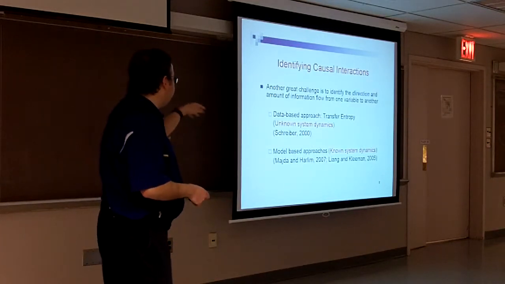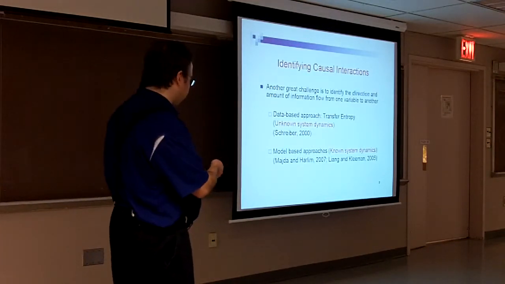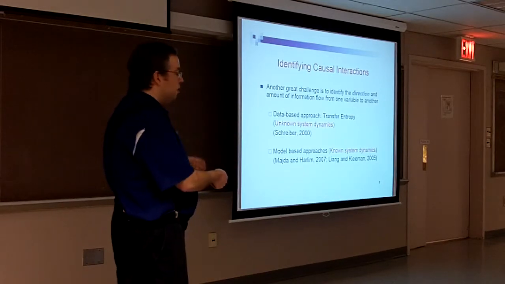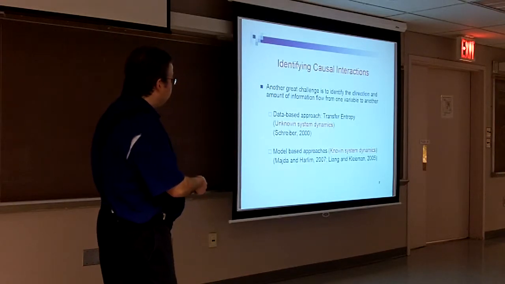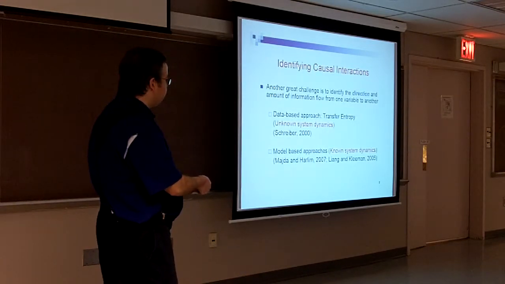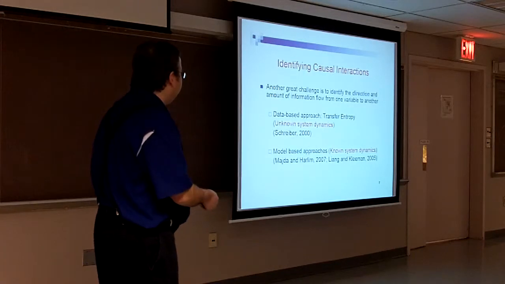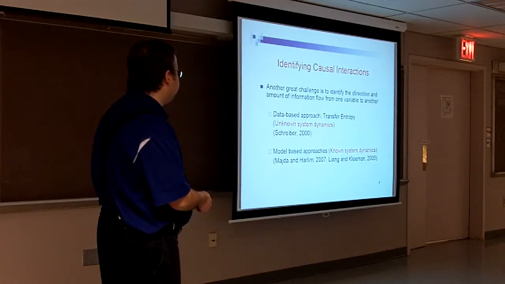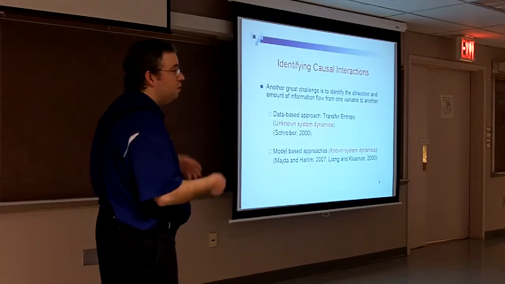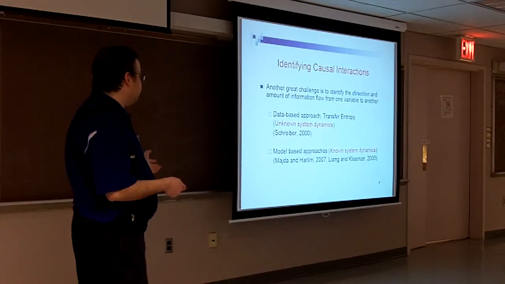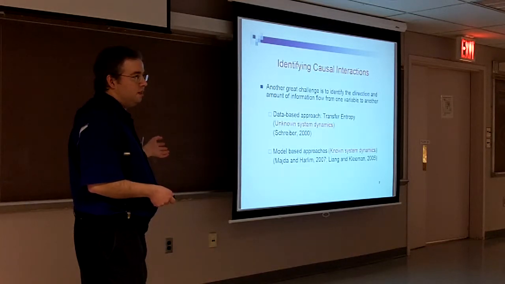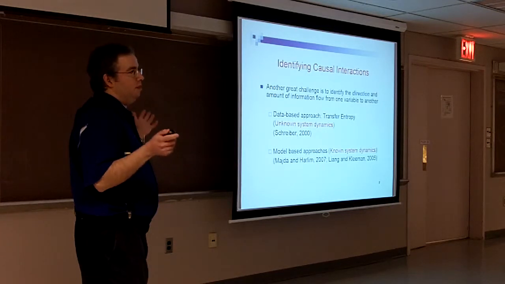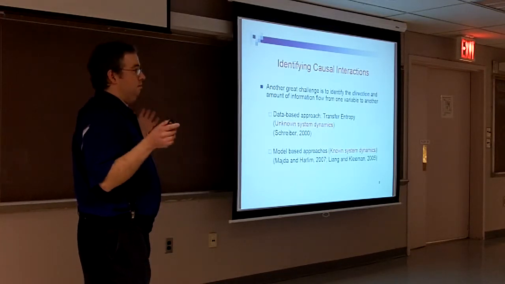So in the literature, there are some methods which are data-based approaches. Transfer entropy, it is called. The most known paper is Schreiber's paper. And there are some methods which are model-based approaches. If you know the model, you can also estimate the directionality. But this is very difficult for us since we're dealing with atmospheric sciences. Atmosphere, I mean, it's huge.